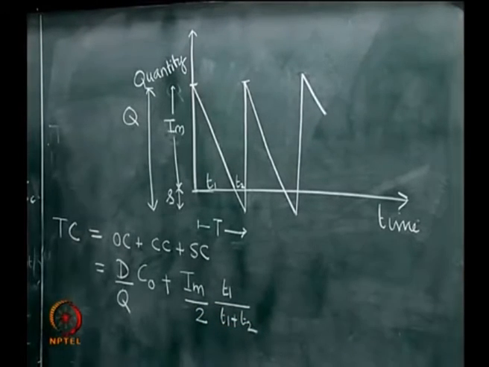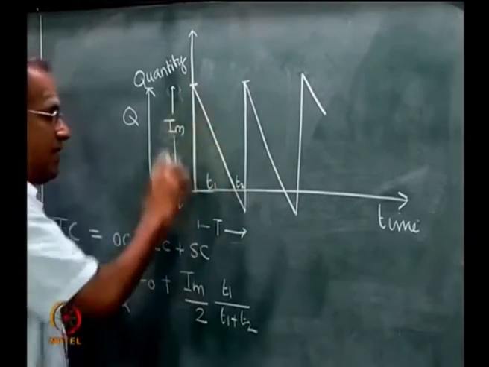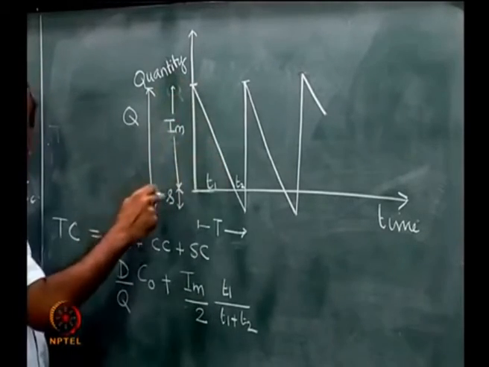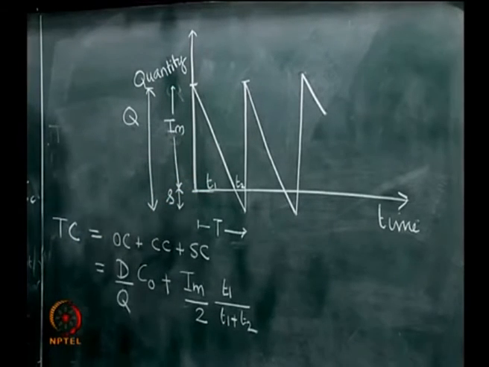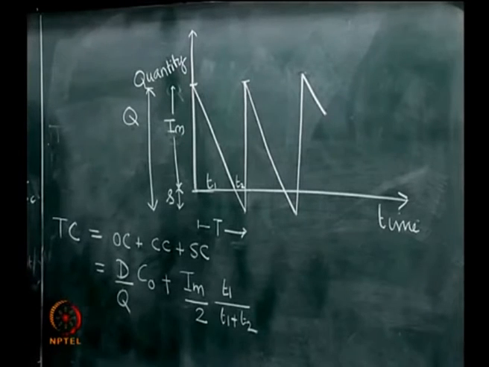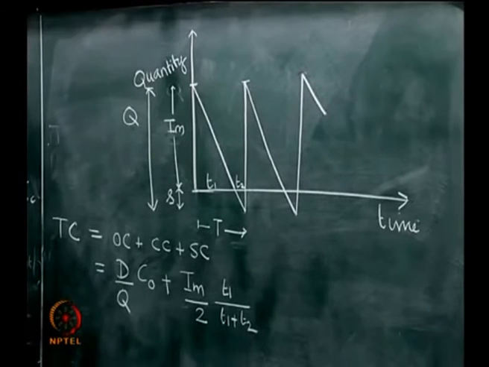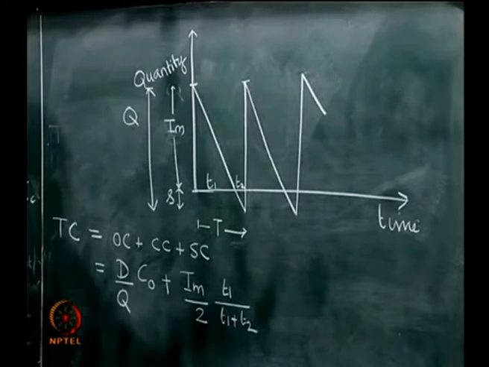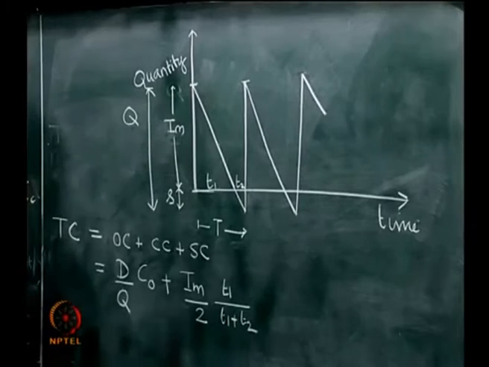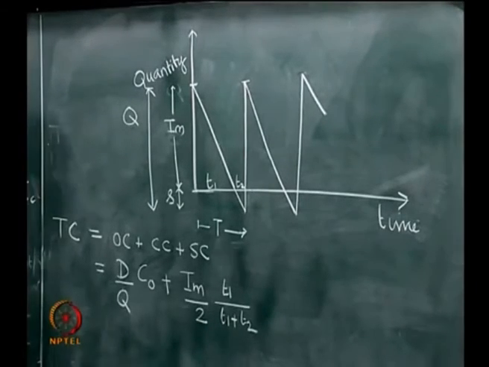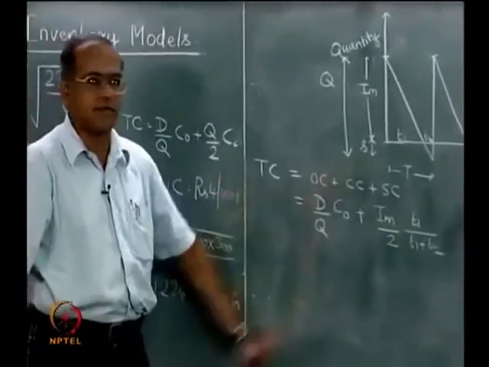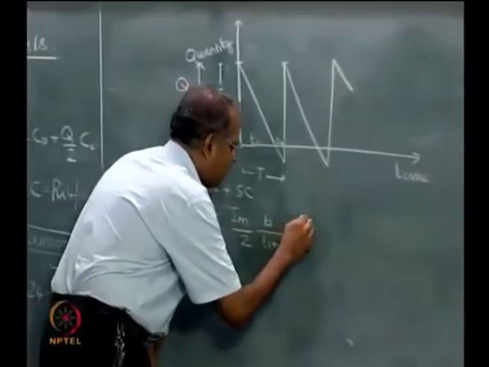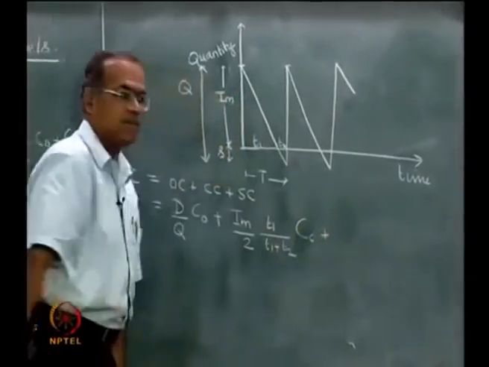Let me repeat again. Total inventory held in a cycle is area of this triangle, half into IM into T1. So that much total inventory is held for a total period of T1 and 0 is held for a period of T2. So average inventory is IM by 2 into T1 plus 0 into T2 by T1 plus T2, which simplifies to IM by 2 into T1 by T1 plus T2. This is the average inventory. This into the inventory holding cost, which is CC.